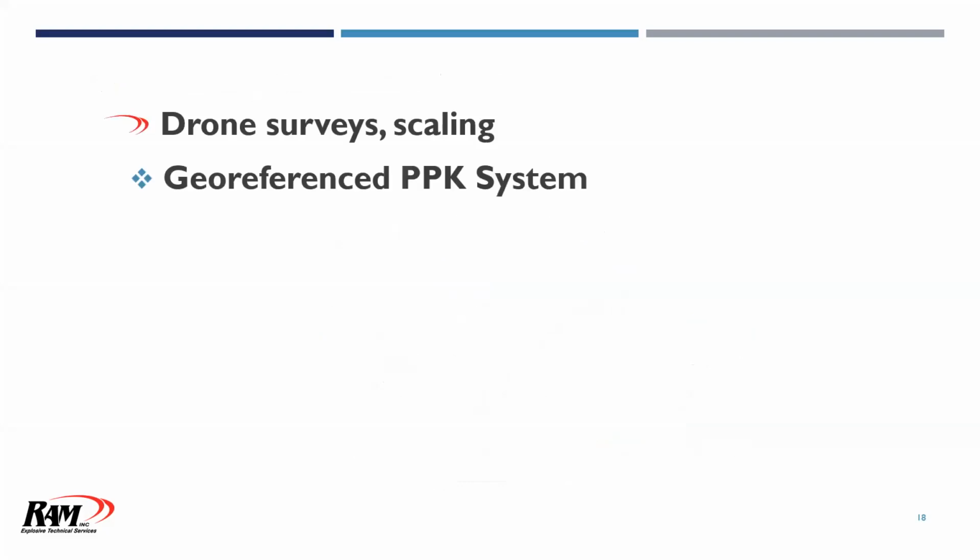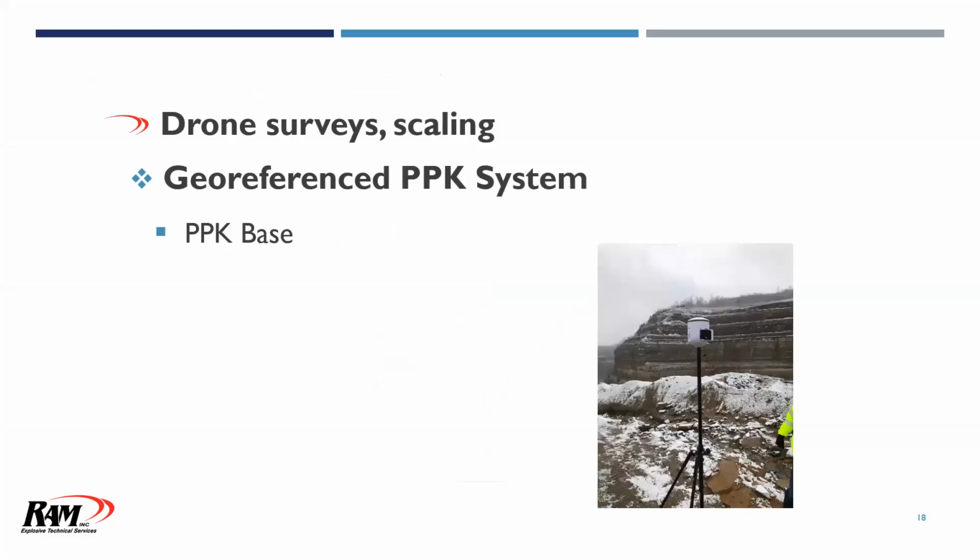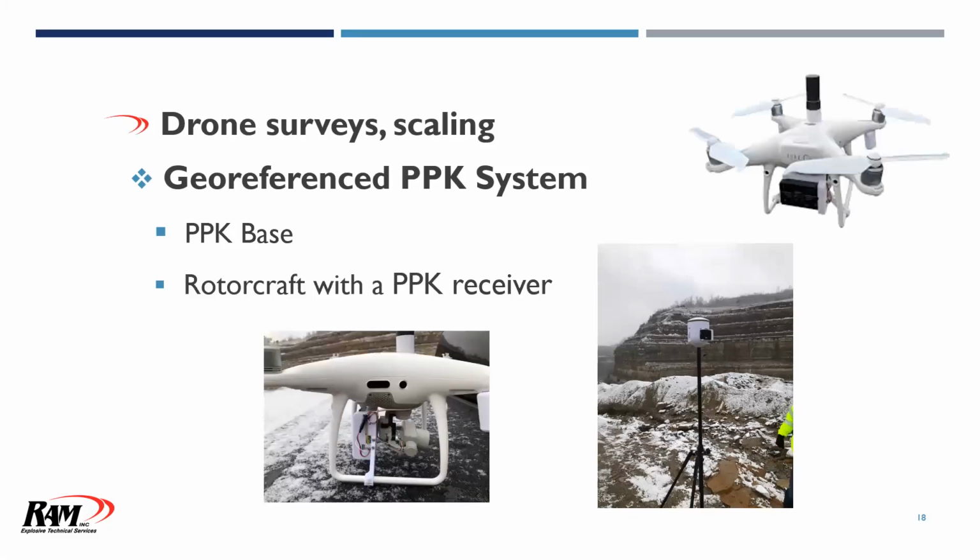The other type of solution that can be done is what we call PPK. And this requires a special base station, and along with that is a PPK receiver that needs to be on the actual drone itself. And the advantage of this type of technology is you don't have to set out multiple targets.